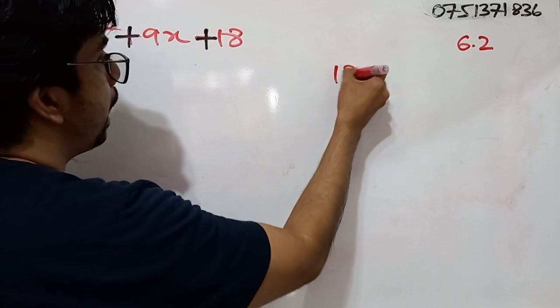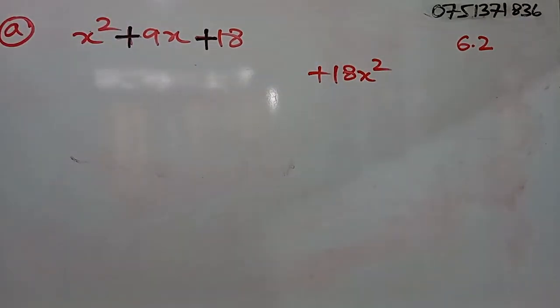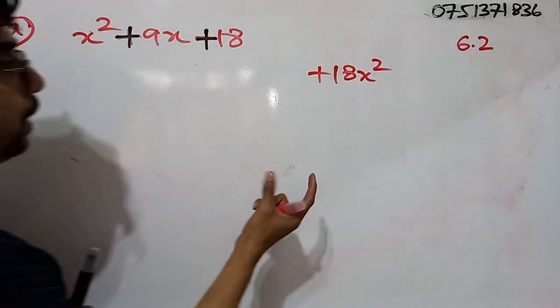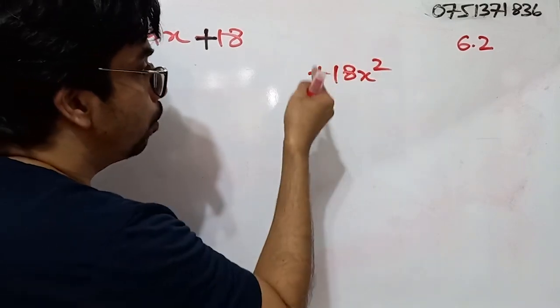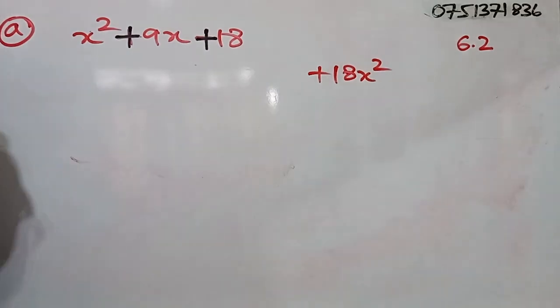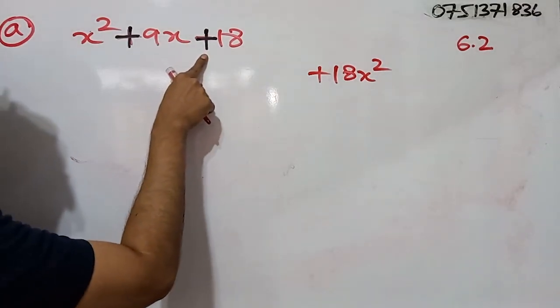We get 18x squared, and it's a positive value. So we have to consider two factors. When we multiply them, we must be getting positive 18x squared. Right? So here we have plus.